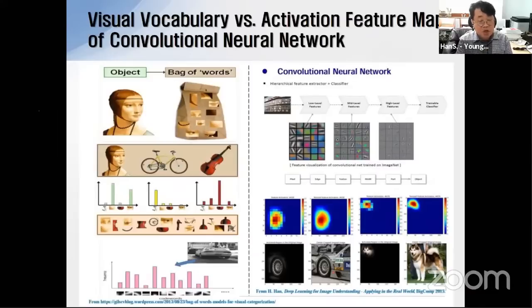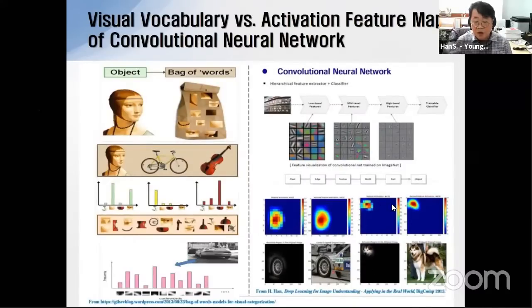To compare with the conventional approach, we need to examine the convolutional neural network. So the task is to identify sports cars and dogs. We think that the shape of the car is an important key point to identify the car. But according to the experiment, the sports car is recognized by the wheel, and the dog is recognized by the head.